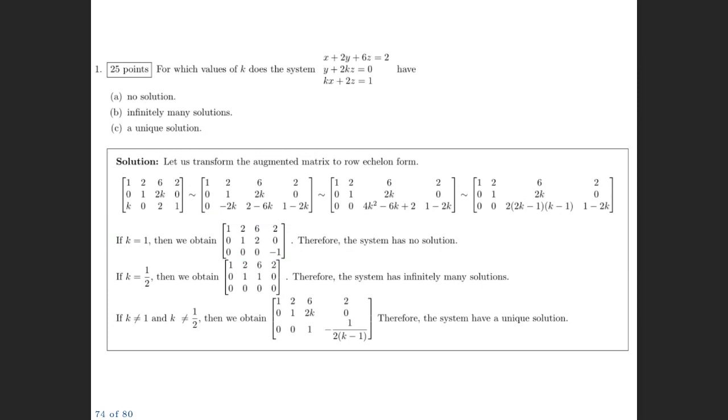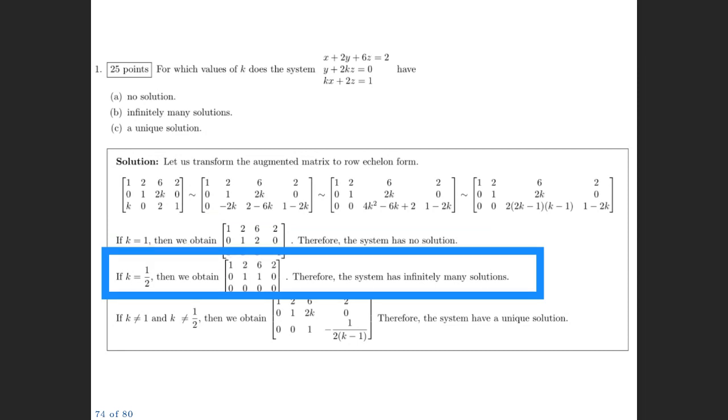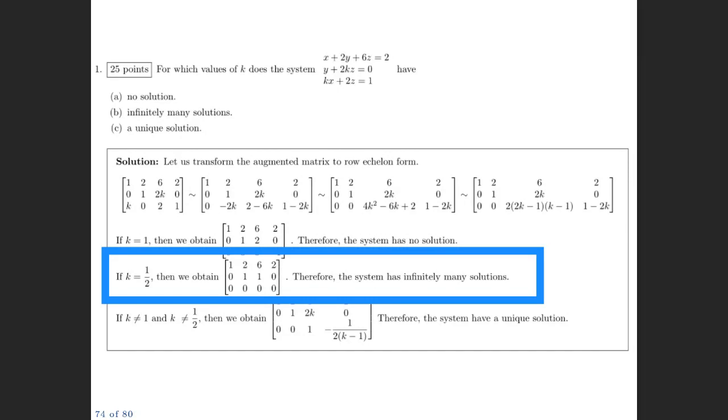What happens if k is equal to a half? The bottom row is 0, 0, 0, 0. There are 2 pivots, so that's 2 basic variables and 1 free variable. That means the system has infinitely many solutions.